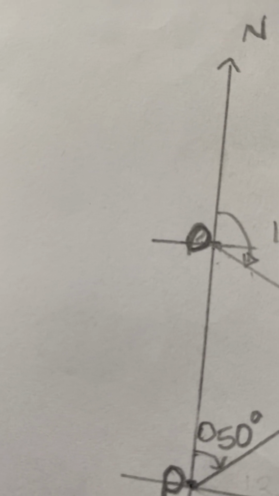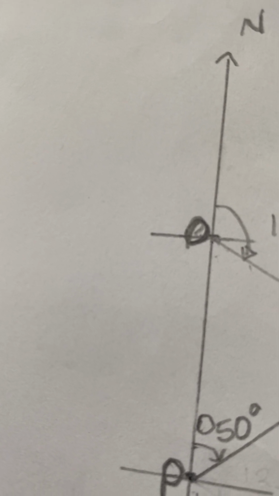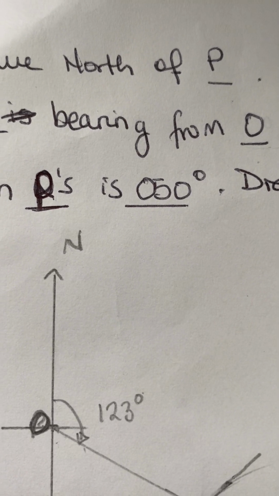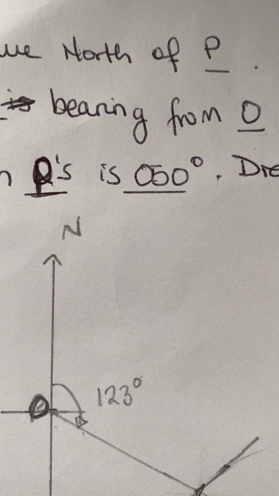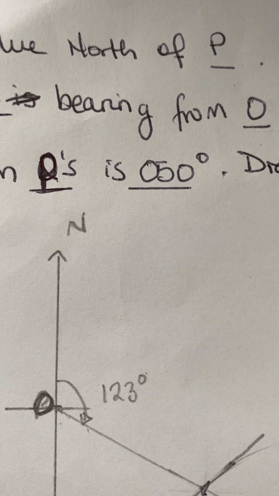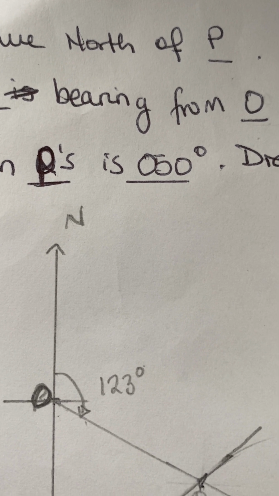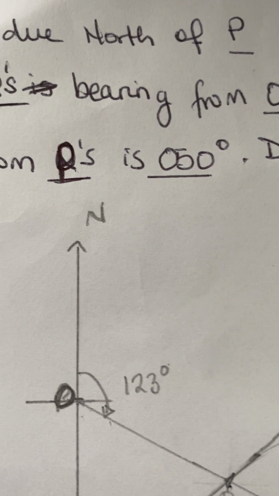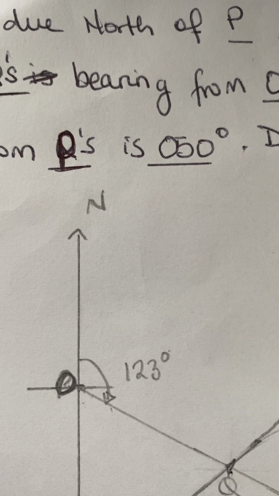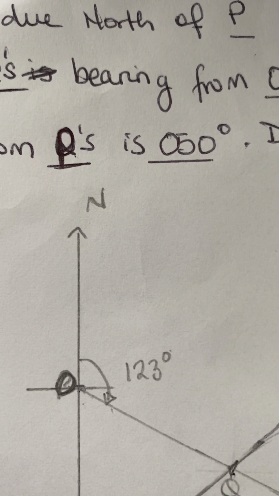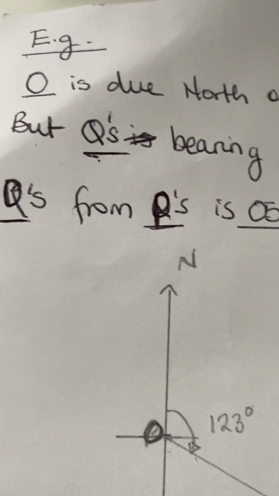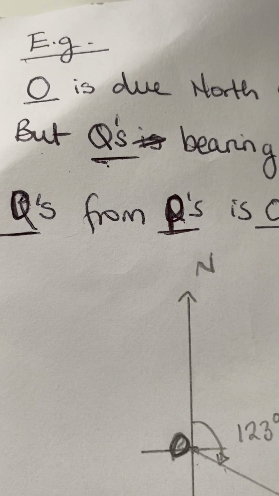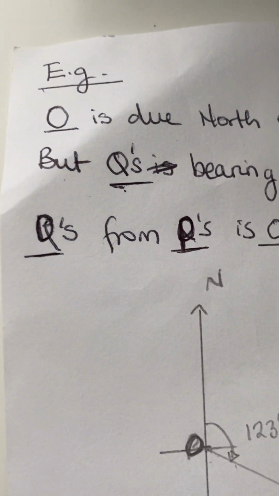That's why I'm taking my time to explain. They will ask you to find the bearing of maybe a town from another town, or from a point to another point. But you need to understand the wording. So let's look at this example here.